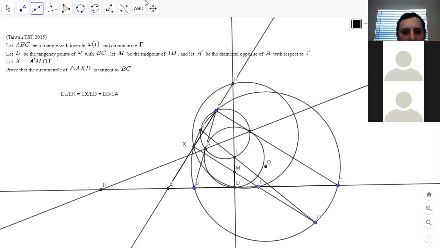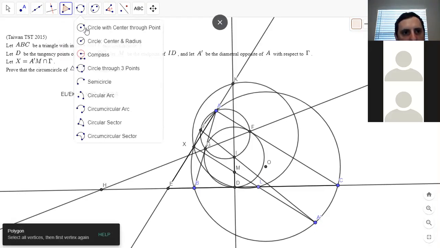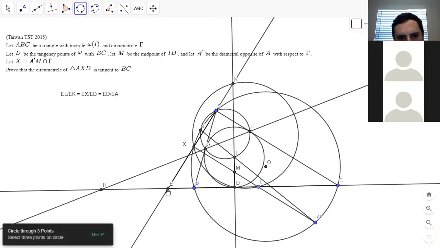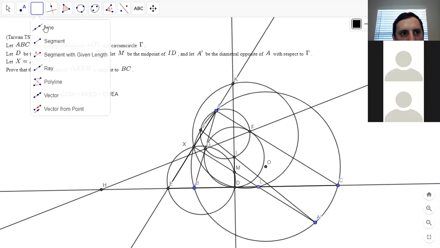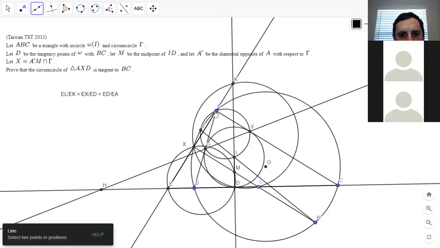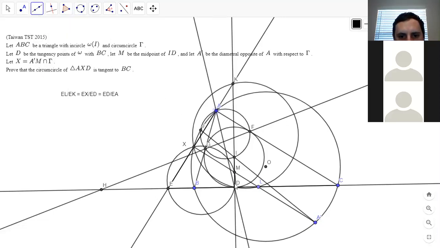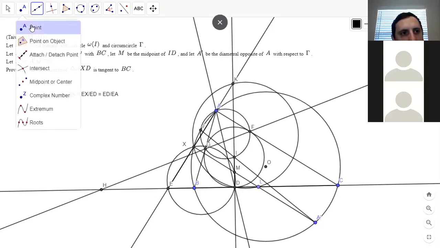So EXMD is cyclic. We haven't used that, right? Intersect AD with the circle of AGF. Then that point of intersection should lie on that circle.